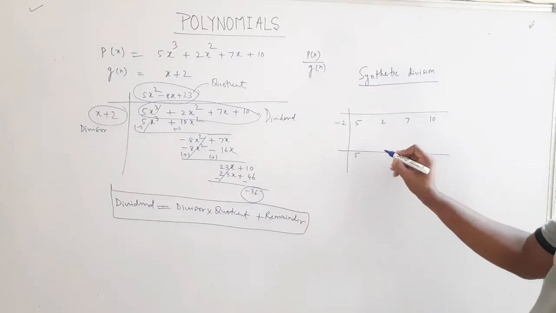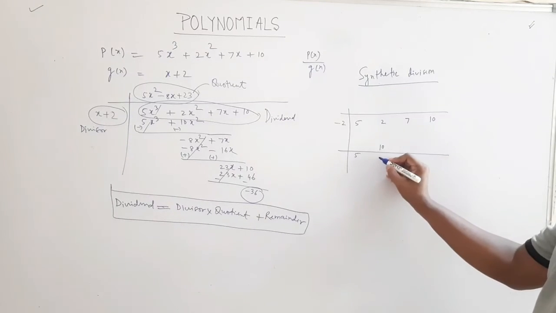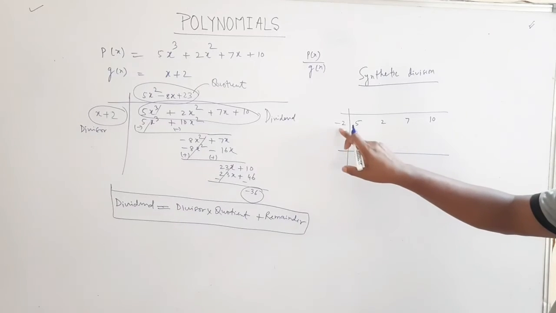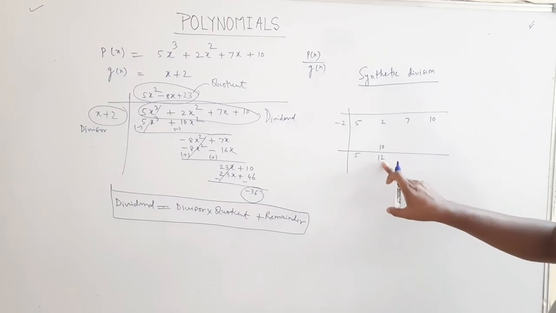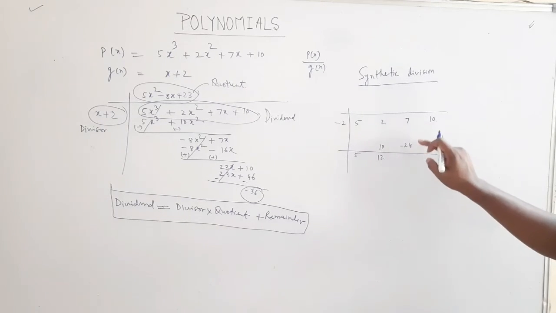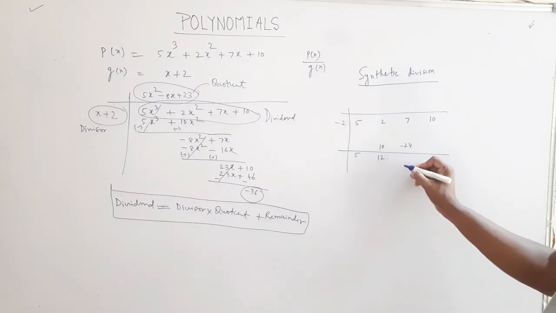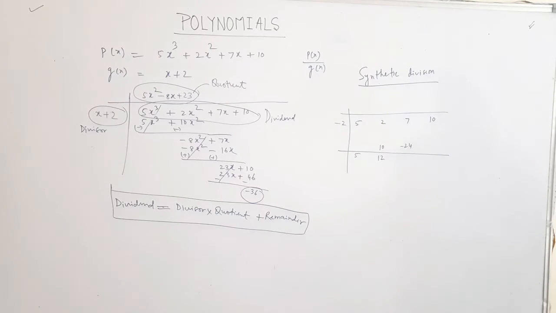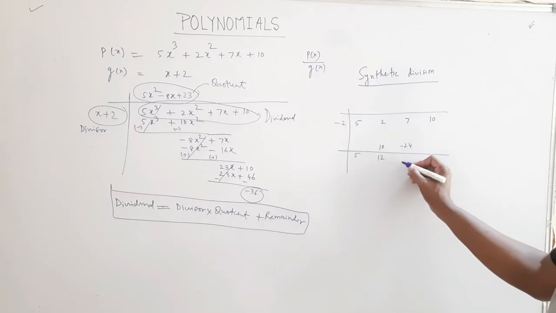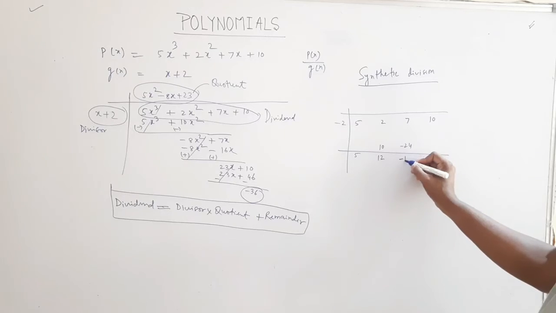So minus 2 into 5 is minus 10. Now add these two.